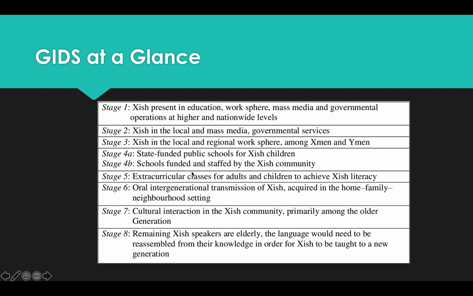Then once we're there, we can have extra classes for adults and children, so that we gain a lot of literacy in our language, so that we're not just speaking the language but able to read and write it to truly become fluent. Then we know that we need schools funded by our community. Then we'll work towards getting the government to fund schools for our community, and so on. And then we'll make sure that you're able to work and receive government services to push up those stages.